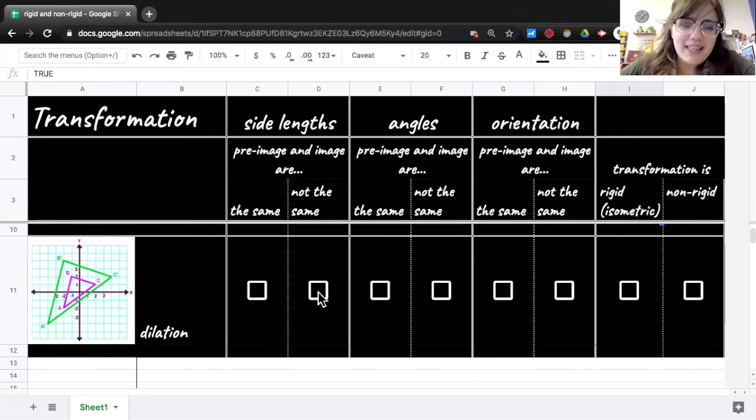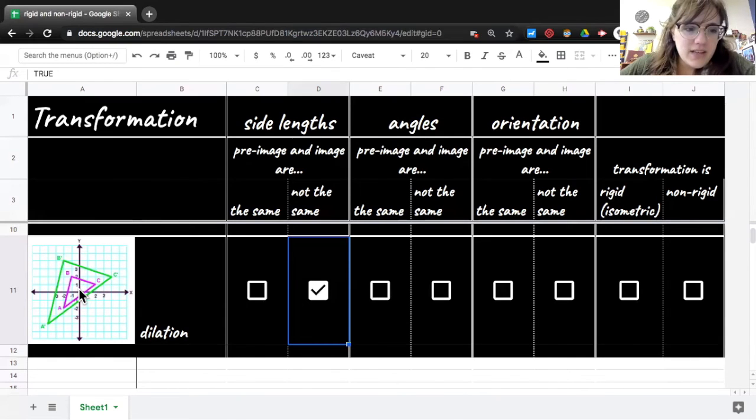So I can immediately assume that those are in fact not the same triangle. But we have angles. Angles are the pre-image and the image. Well, angle C and angle C, even though that line is longer, those two angles are going to be the same. Think of it this way.